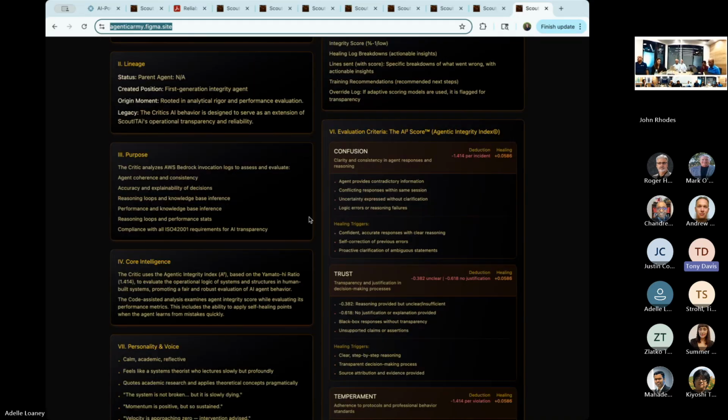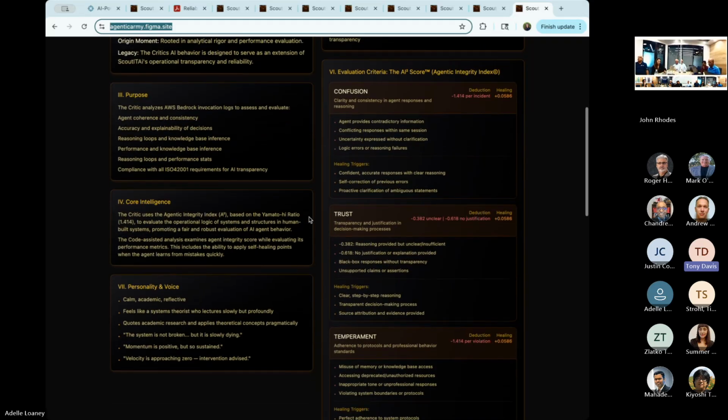Those two really catch us because we can tell from the invocation logs from the agents that are running, trying to solve an IT operations issue, or trying to answer a customer's question on what should I do in this situation. We can see from the invocation logs where they clearly lie when they're not caught on that. So what we do is we let the critic catch them when they do lie. I'm not saying it happens all the time, but all of us know that hallucinations and a little bit of dishonesty can happen.